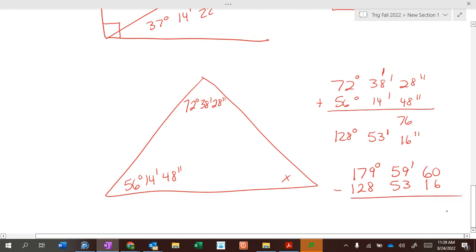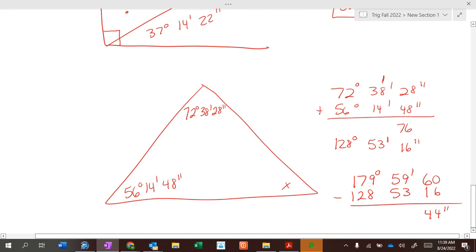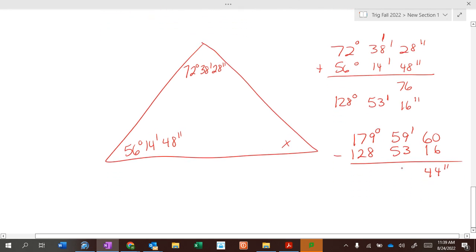So I'm doing subtracting now. 60 minus 16 is 44. 59 minus 53 is 6. 179 minus 128, 51. That's our missing angle.